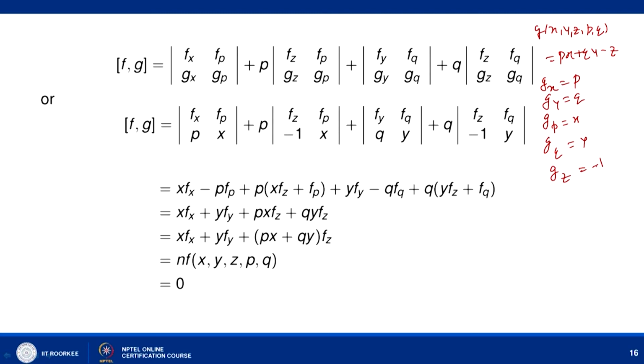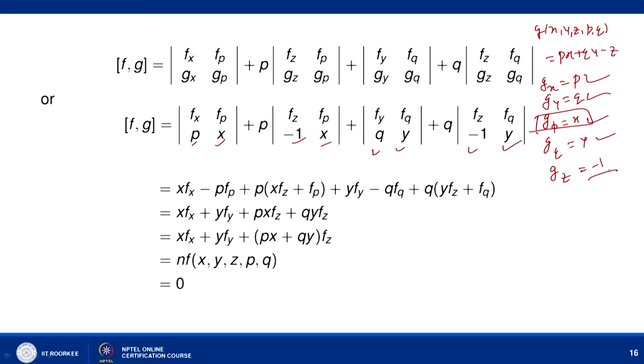So fx fp, now in place of gx, gx is p here, gp is x here, plus p times fz fp, gz is minus 1, that is given here, and gp is x, which is already calculated, plus fy fq. Now gy is q here, and gq is y here, plus q fz fq, and gz is minus 1 and gq is y.